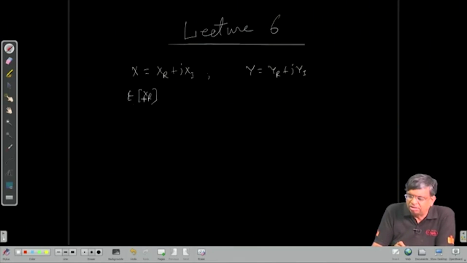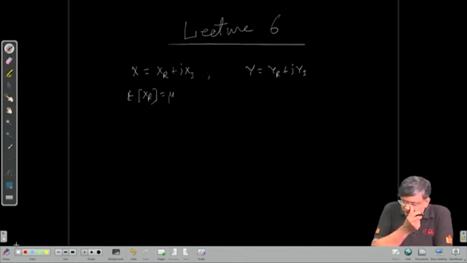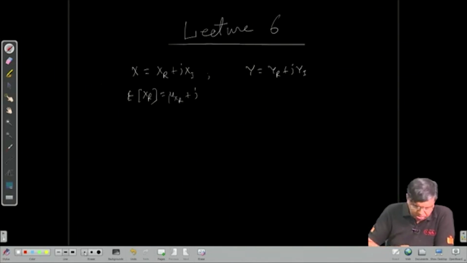So, it will be E x r of x r, which is mu of this random variable, so mu x r plus j.